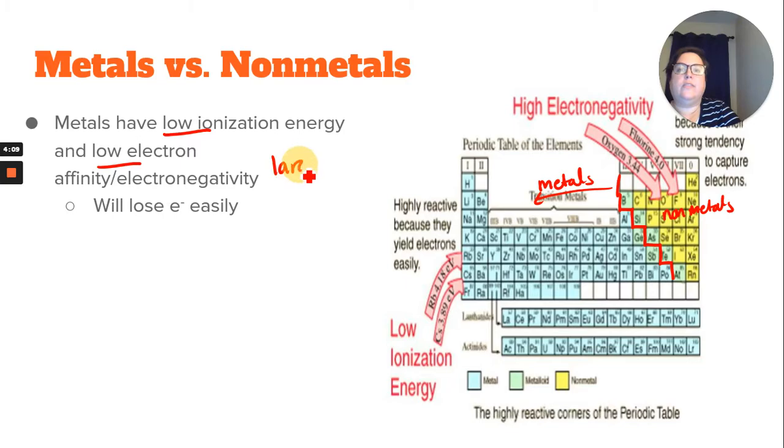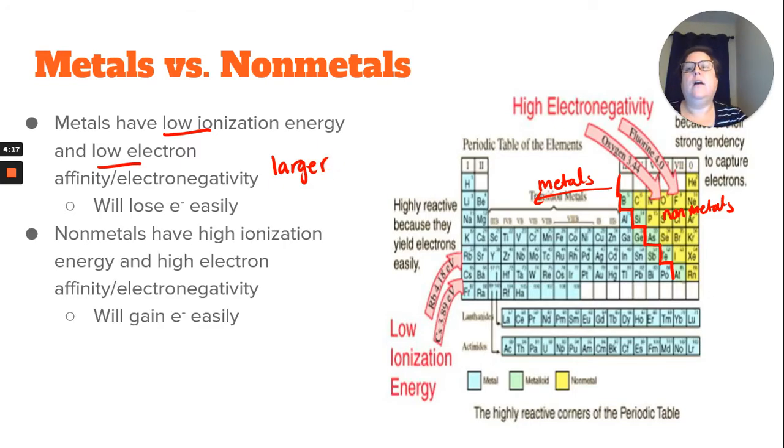They are the larger atoms on the periodic table. So they lose electrons easily. They have low ionization energy. Nonmetals have high ionization and high electronegativity because they're smaller. So that attraction between the nucleus and those electrons is just stronger.